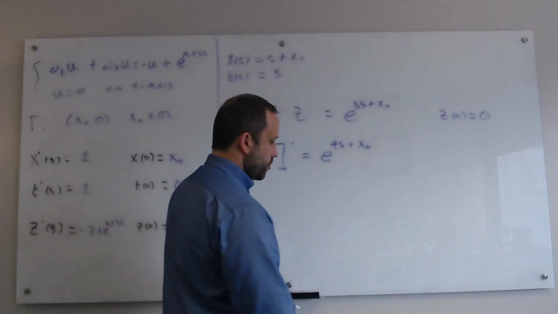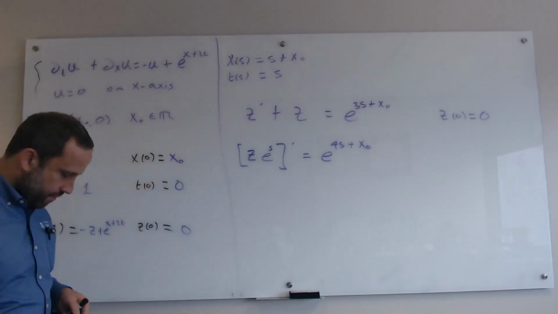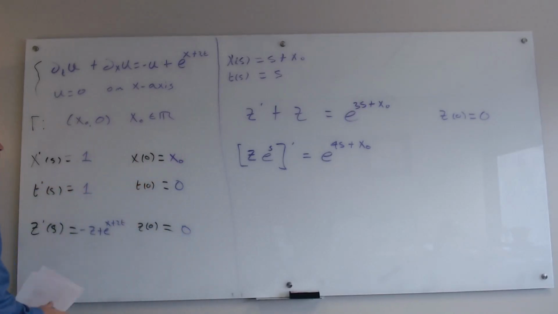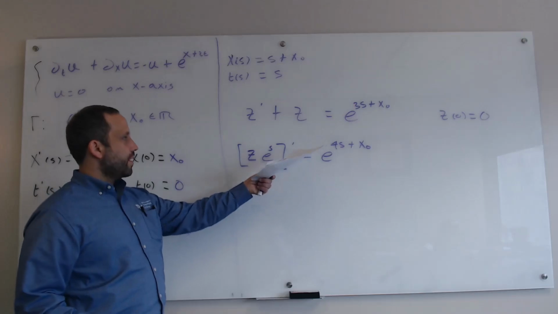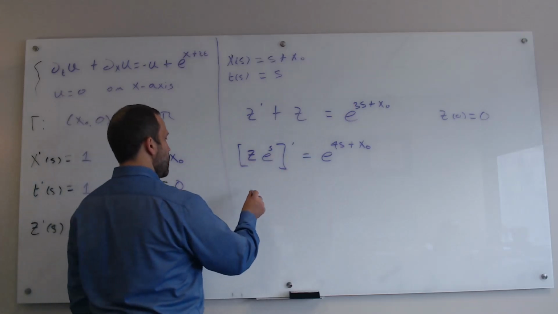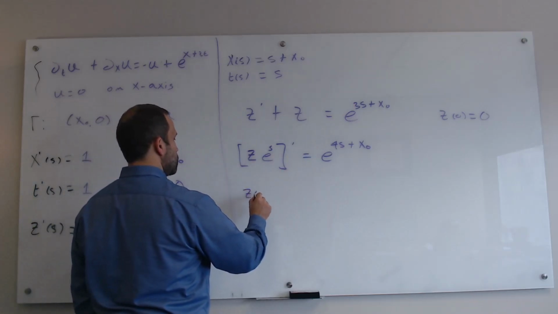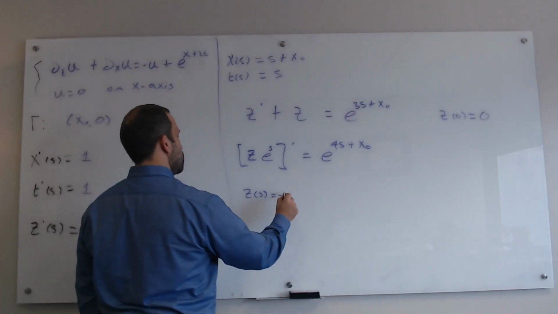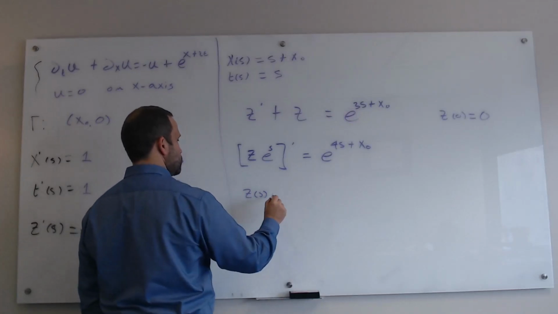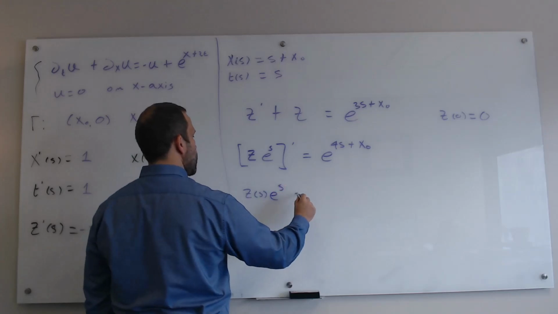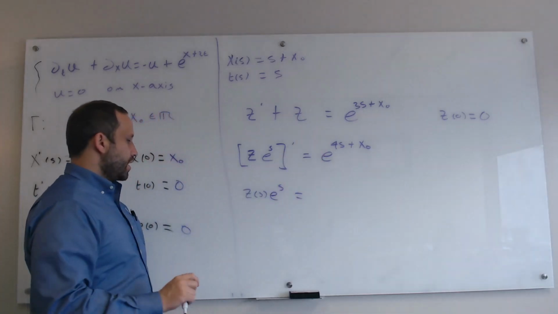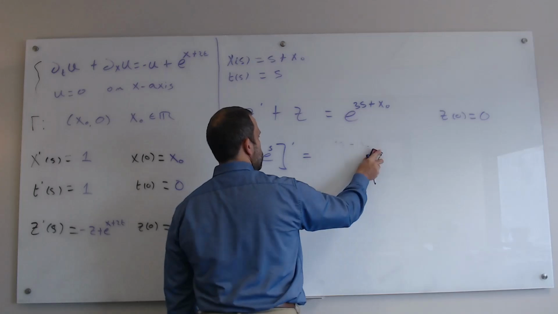So now what we're going to do is take the antiderivative of both sides of this. When you take the antiderivative on the left-hand side, the derivative just goes away. And so we've got z of s times e to the s. Okay, now when I do the antiderivative over here, here's what I was trying to do earlier.